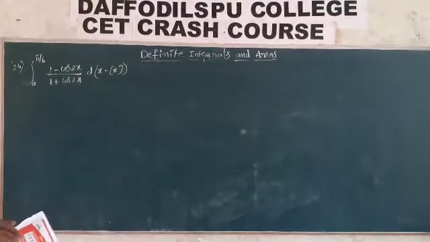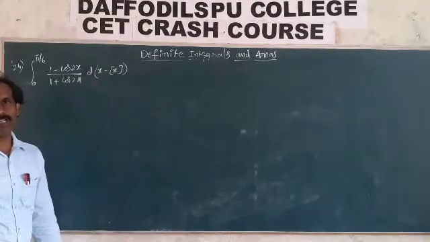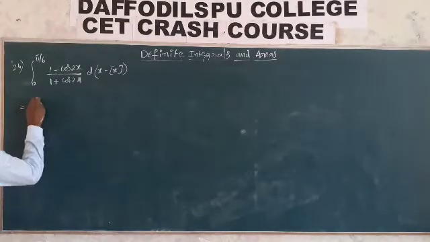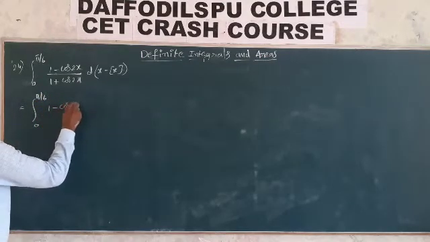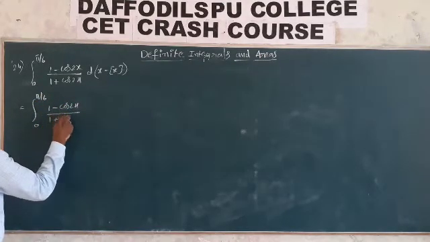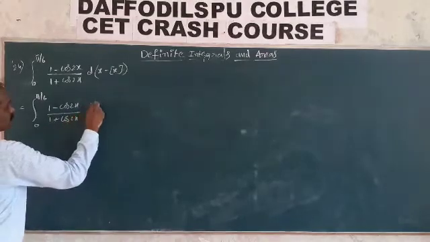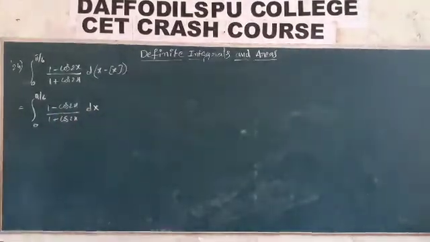Okay. So 24: from 0 to pi by 6 of 1 minus cos 2x divided by 1 plus cos 2x dx minus the derivative of the step x. Clear? For this one the value is equal to 0. So this can be written as the integral from 0 to pi by 6 of 1 minus cos 2x divided by 1 plus cos 2x dx.